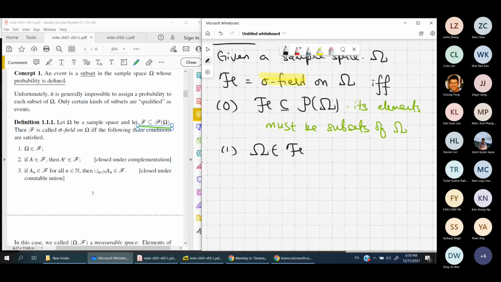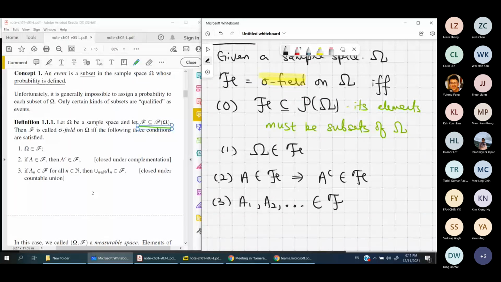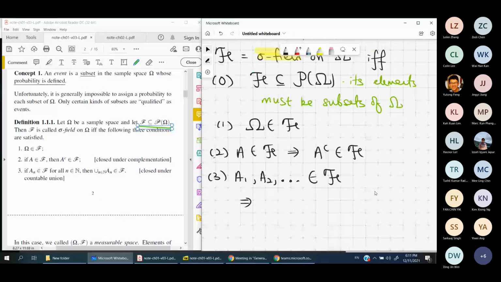Then we come to number 2. If A is an event, then its complement must be an event. And number 3. Supposing we have a sequence of events A1, A2, and so on, then the countable union of all these must be an event.